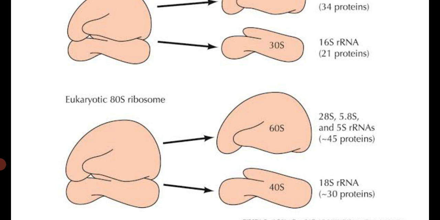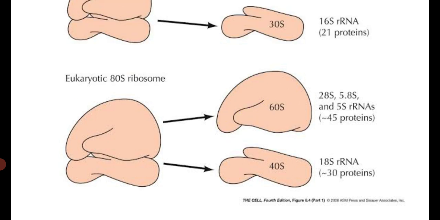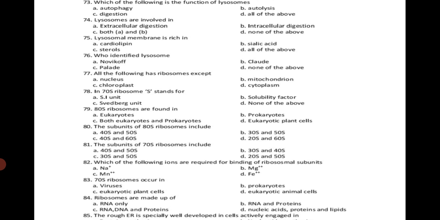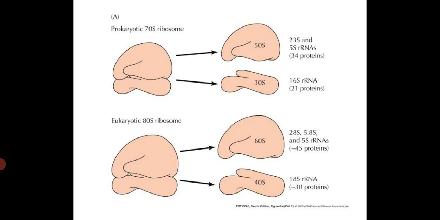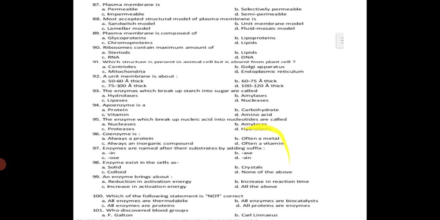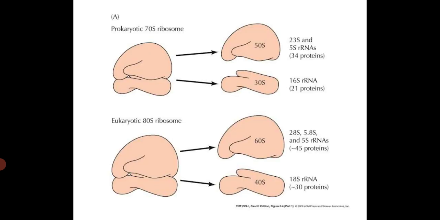Together, these two units, 40S and 60S, assemble and form one unit, that is the 80S ribosome. So here in question number 79 and question number 80, the subunits of 80S ribosome include 60S and 40S.